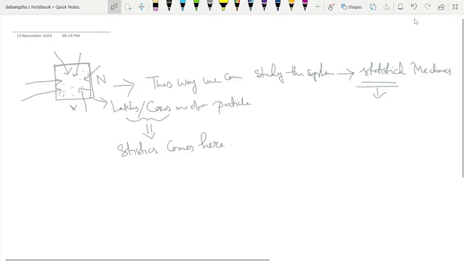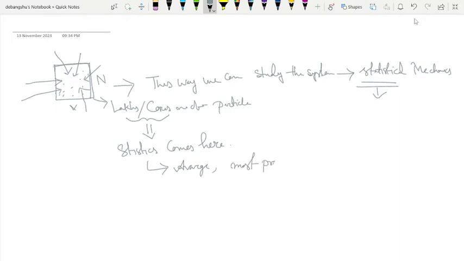Statistics does all this calculation very easily by taking some average. In statistical mechanics, some terms are common, like average, most probable distribution, and probability. This type of thing is common in statistical mechanics, and when I go further, you'll hear about all these things.